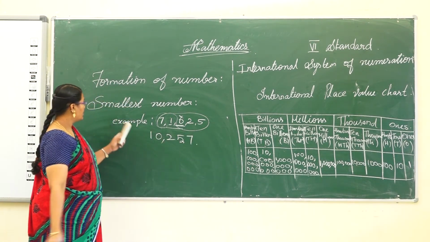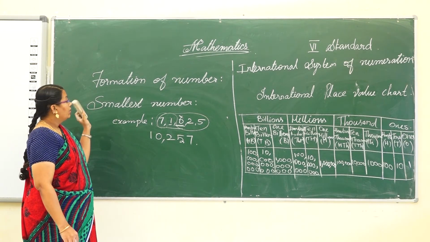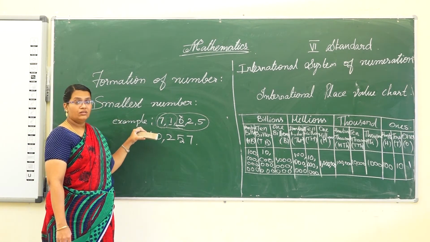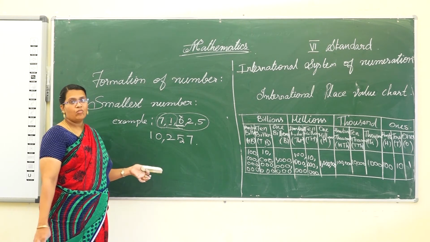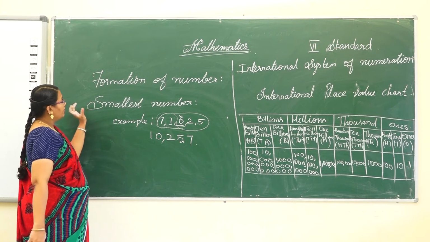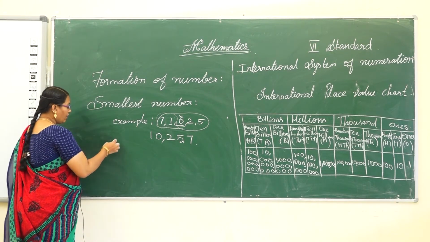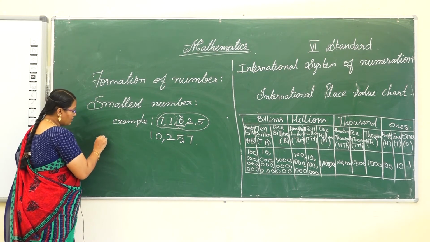I hope you understand how to write the smallest number using any digits. And then, finding the largest number formed from the digits.